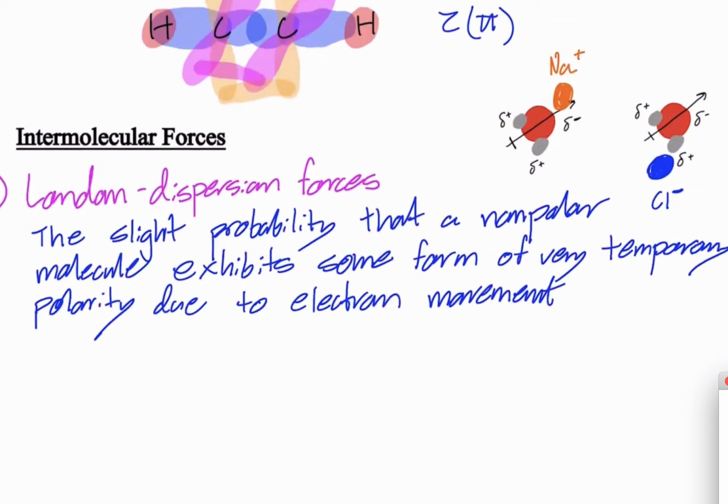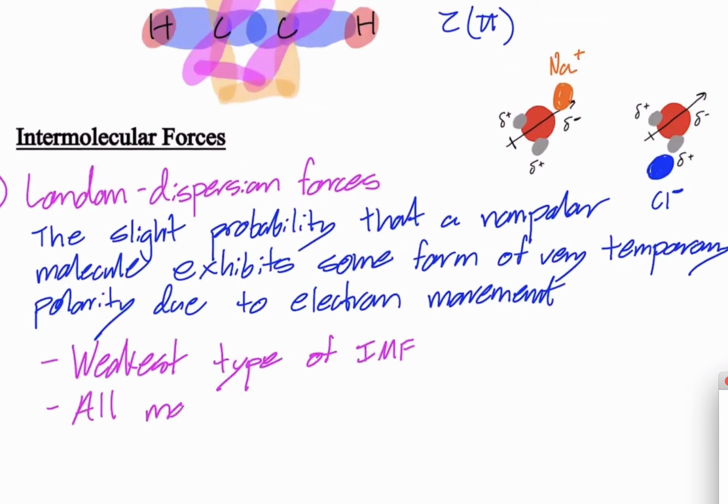Okay, so this is going to end up being the weakest IMF. So weakest type of IMF. And also all molecules will have this.